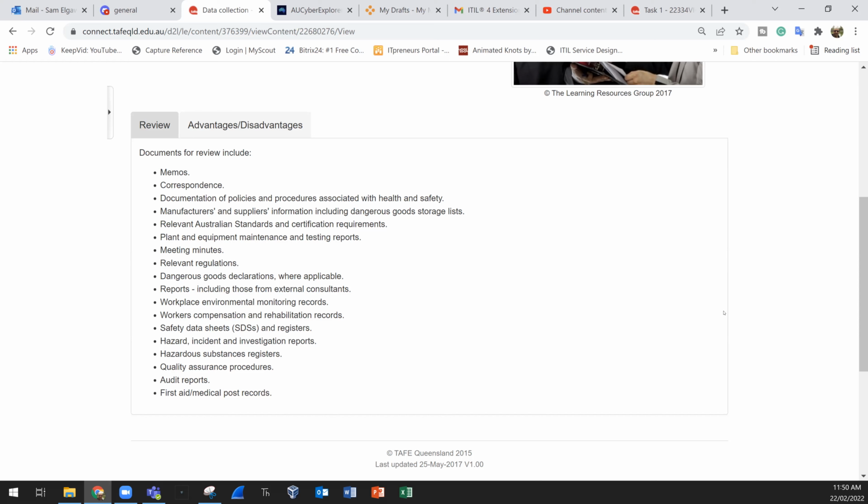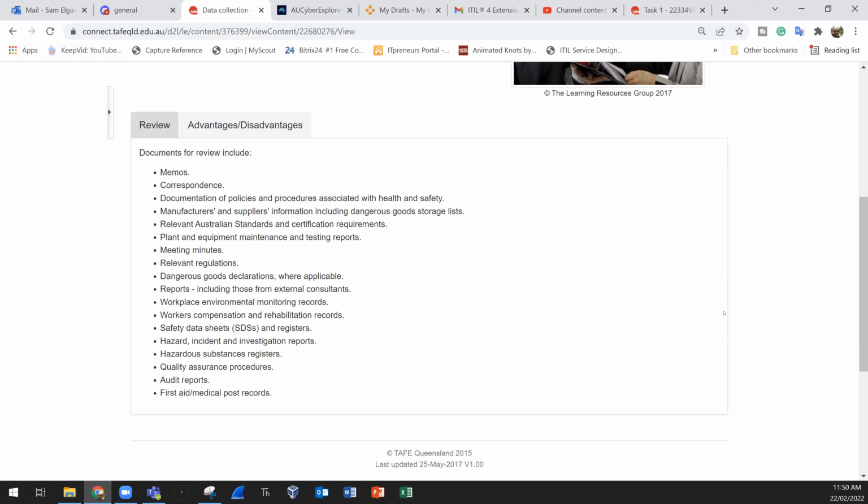We have workplace environmental monitoring records like the amount of noise or air pollution or heat and so forth. So workers' compensations, safety data sheets, hazards, incidents, investigation reports. So if there is a hazard happened, have we investigated that?